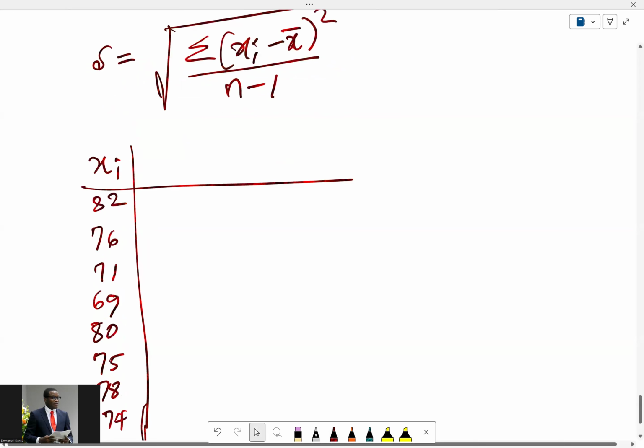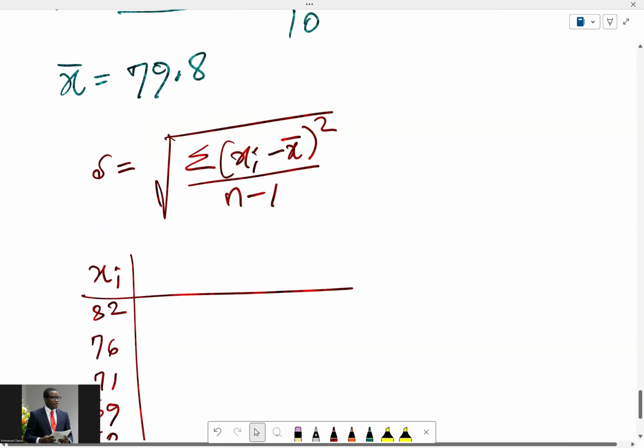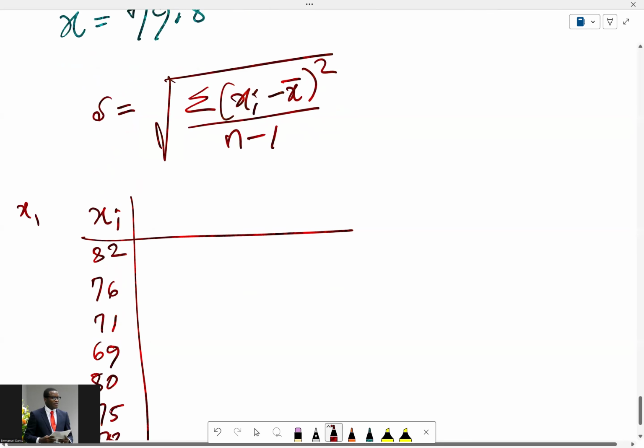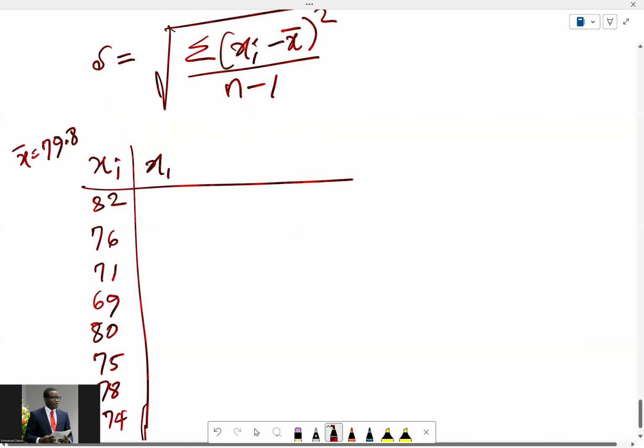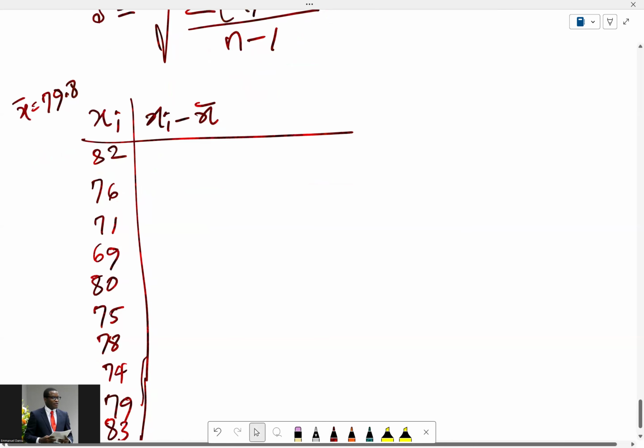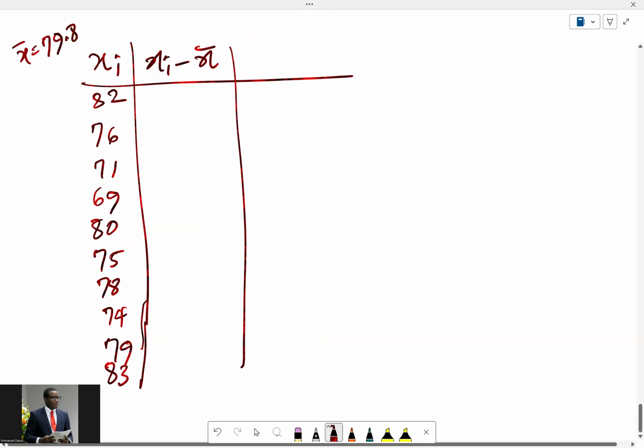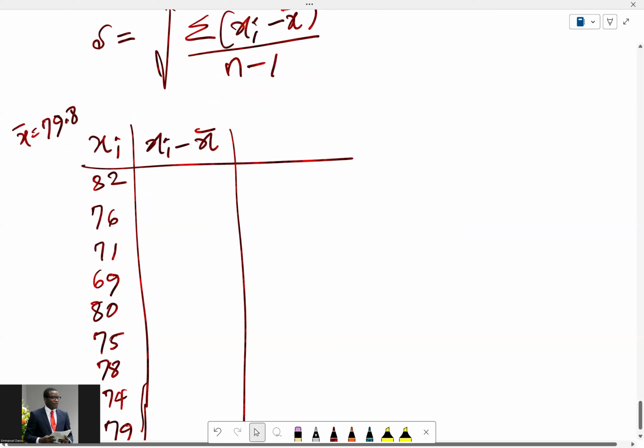Those are the 10 values. Then, of course, you already have X bar to be 79.8. So we need xi minus X bar in each case. So this is the deviation, right? Deviation is this.